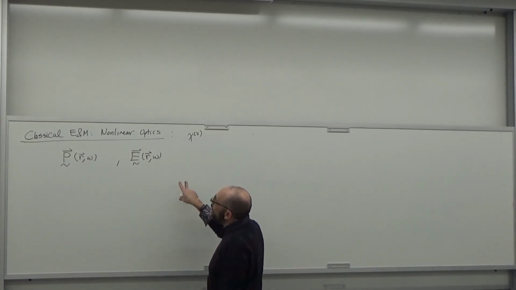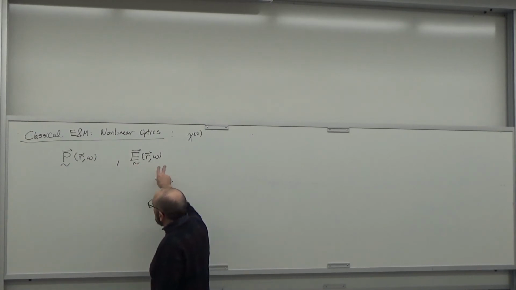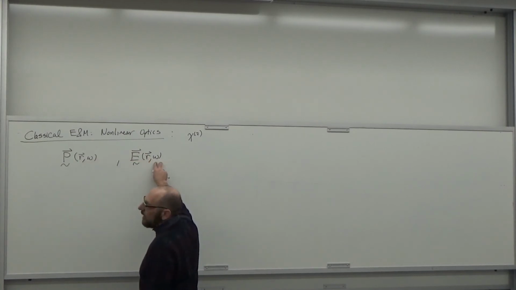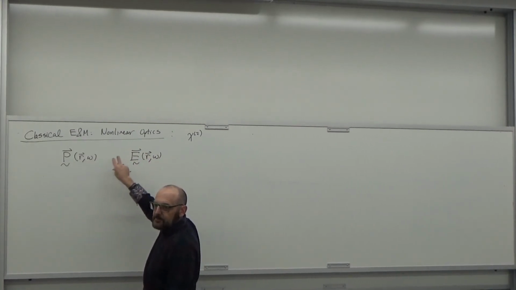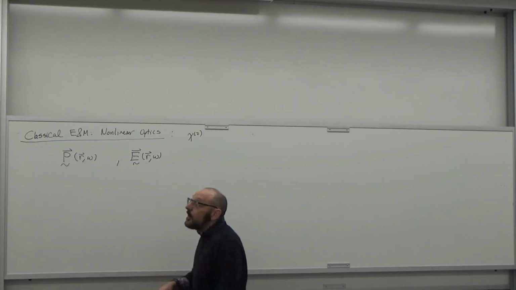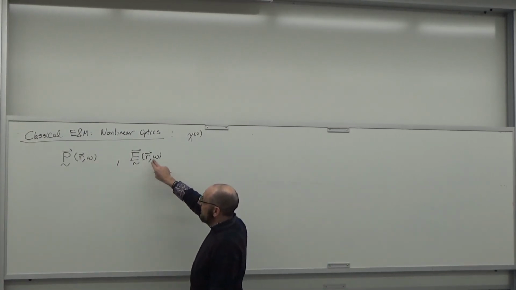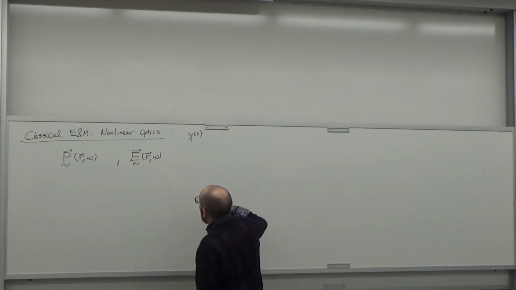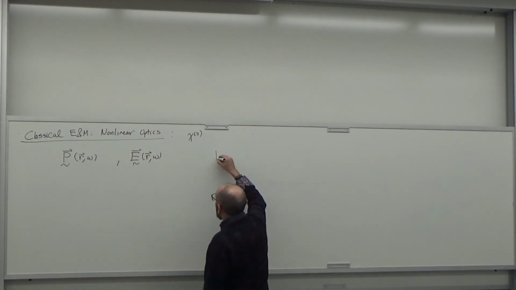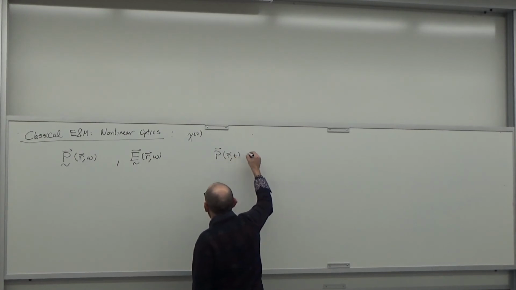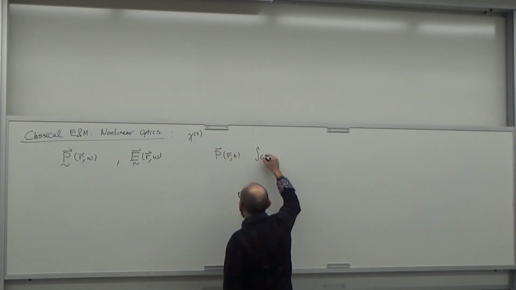If we had a chi1 process, linear optics, then the polarization oscillates at the frequency of the electric field. That's linear optics. But in nonlinear optics, we can have different things. If I look at the polarization as a function of time, I might have a term that looks like the following.